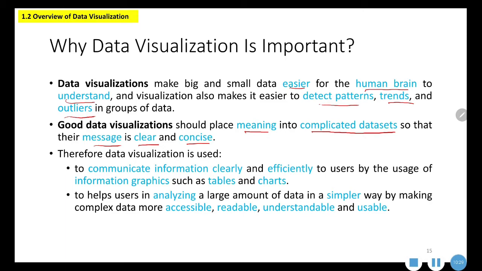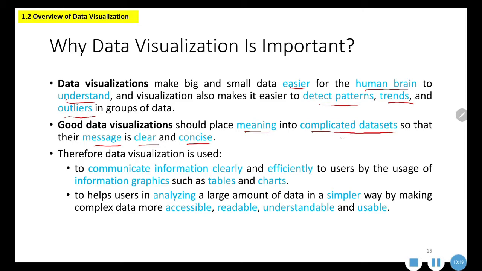So it should place meaning. That's very important. Place meaning, meaning that it makes the information or the data presented significant. Because all the data are of course complicated, that's why we call them data sets.